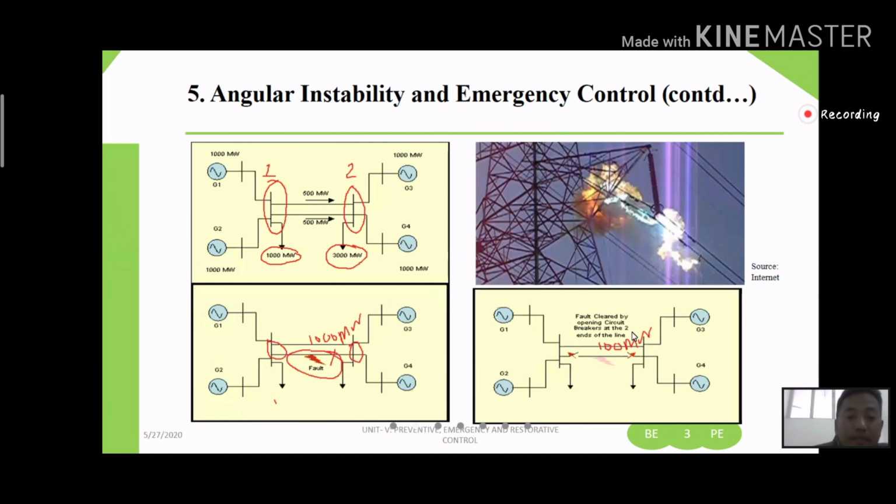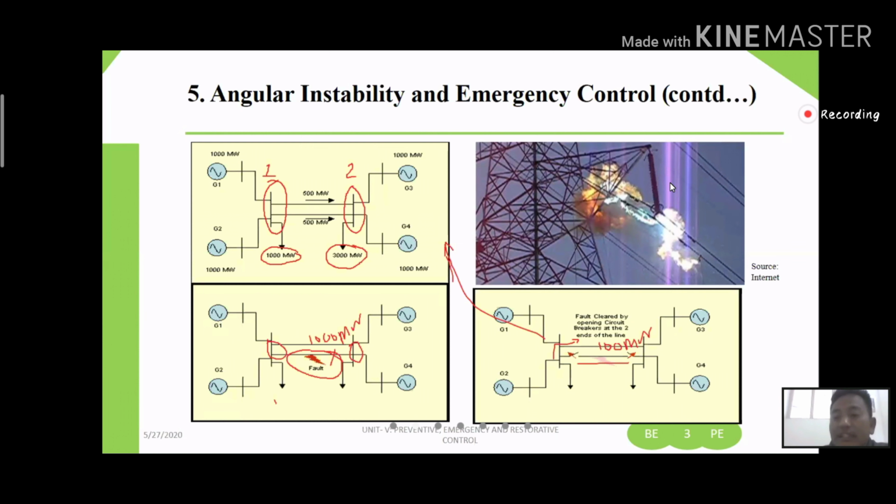Here we have considered only within the limit, which means no need of carrying out any emergency control, because this line can withstand 1000 megawatt. You can isolate this line and transmit the power through the other line, do the maintenance, and then bring it back to the normal situation. This is how we can do it. In this case, there is no need of any emergency control.